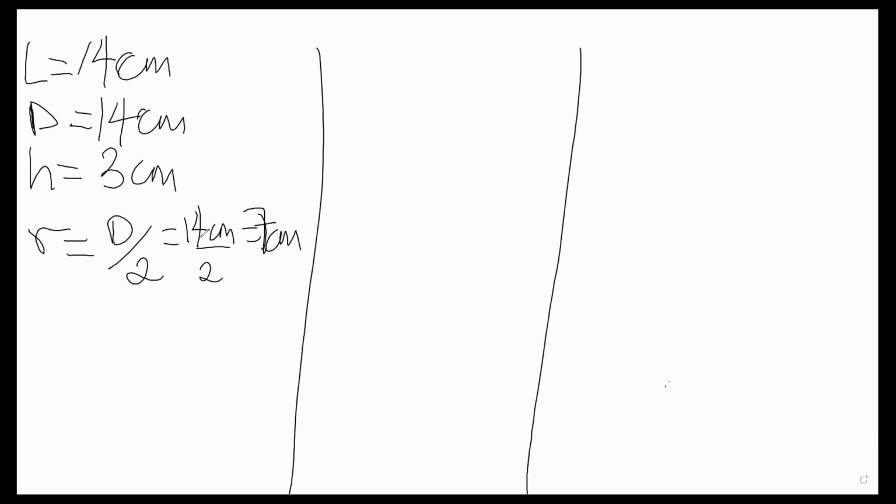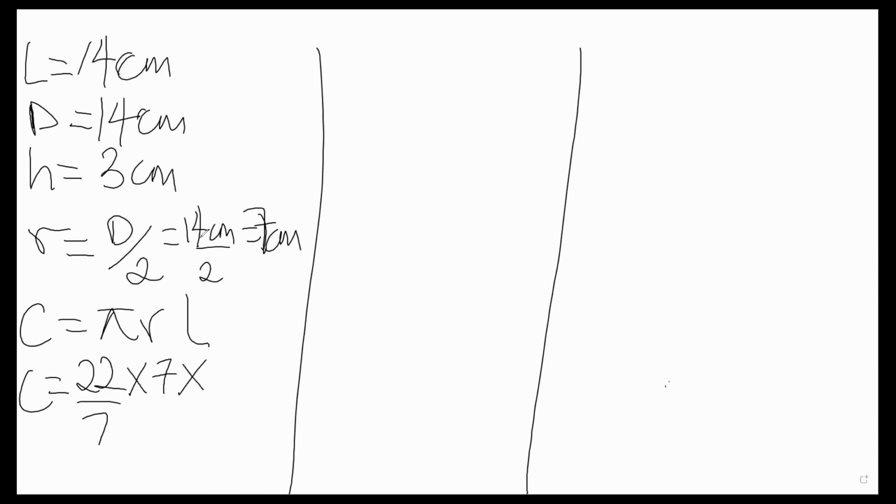Now, the next thing is for us to calculate the curved surface area, representing it by C, which is given as pi RL. So C is going to be equal to, don't forget that our value of pi is 22/7, multiplied by the radius, which is 7, multiplied by the slant height, which is 14. The 7 will cancel 7.